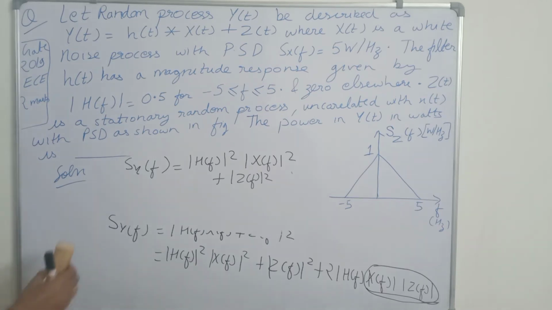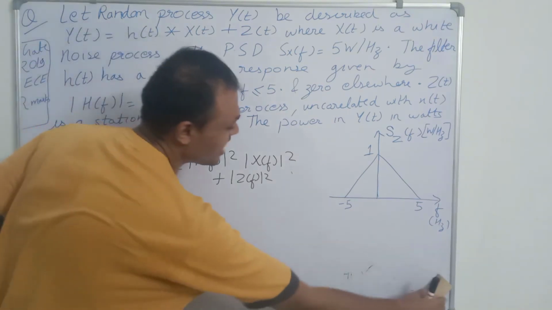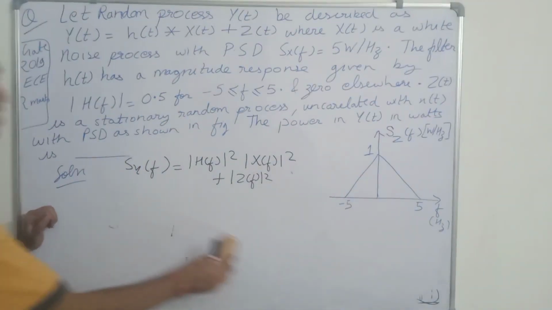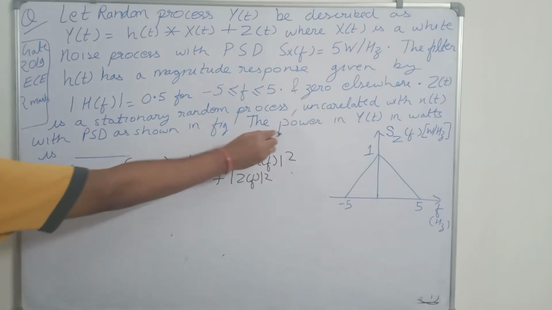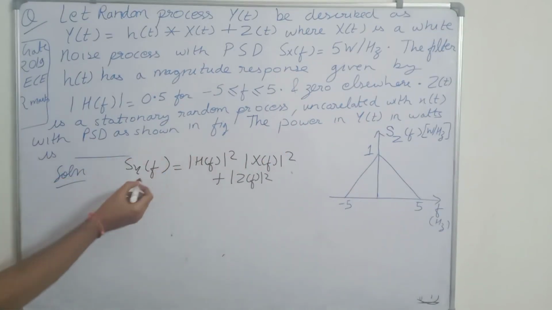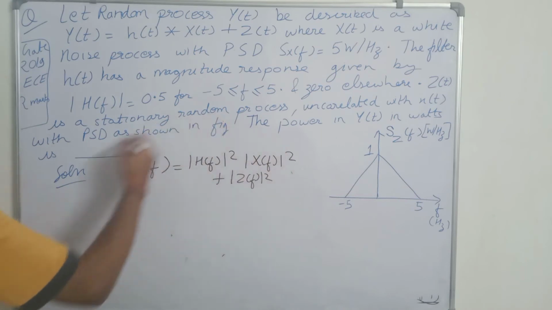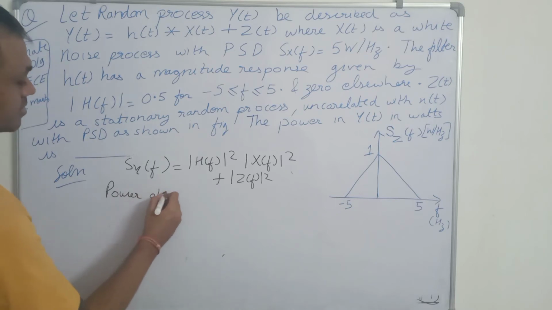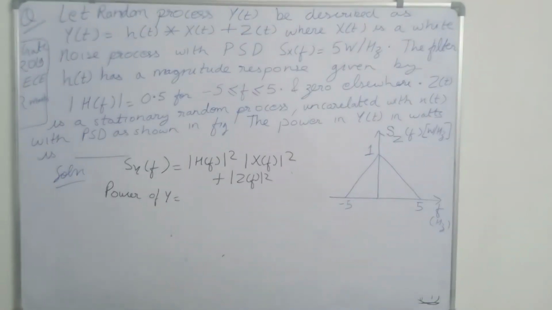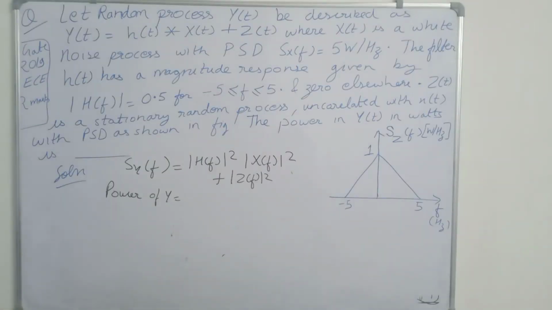Now the output power, the power in y of t which is asked to us, will be equal to the area under this power spectral density.